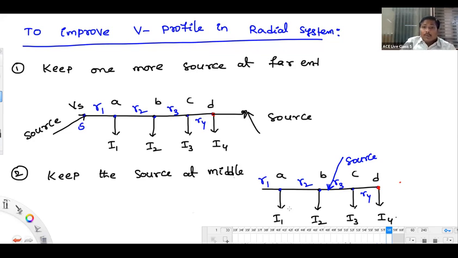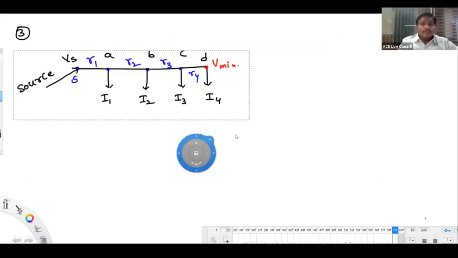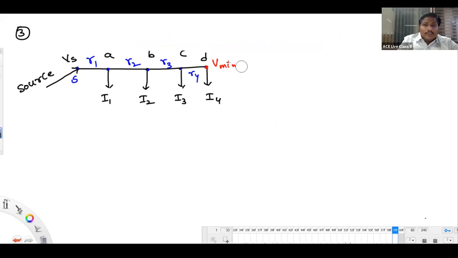So one more technique to improve the voltage profile, the third one: you just join a wire from this far end D to the source S. Then definitely the voltage at point D will go close to the source voltage.